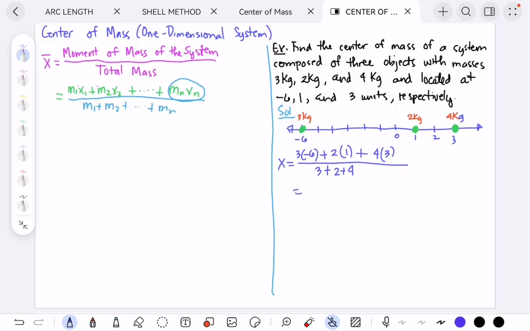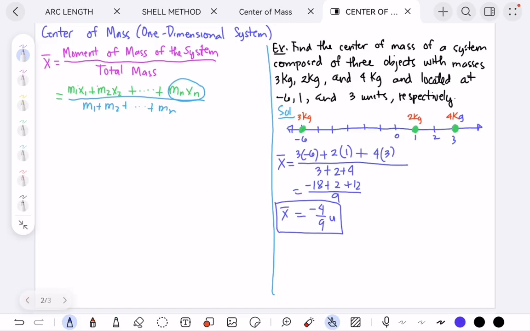Simplifying, we have negative 18 plus 2 plus 12 divided by 9, so negative 4 over 9 is x bar, in units. So the center of mass is at negative 4/9.